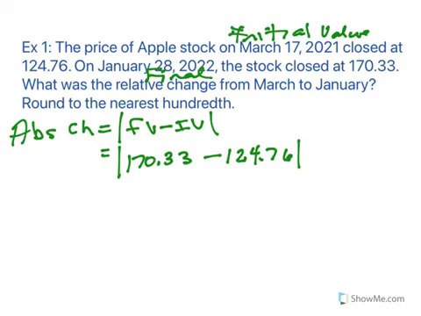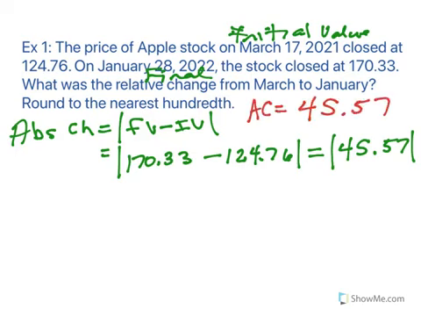When I subtract those, I get the absolute value of 45.57. The absolute value means we want the positive. How far away is that from 0? So we end up with the absolute change of 45.57.